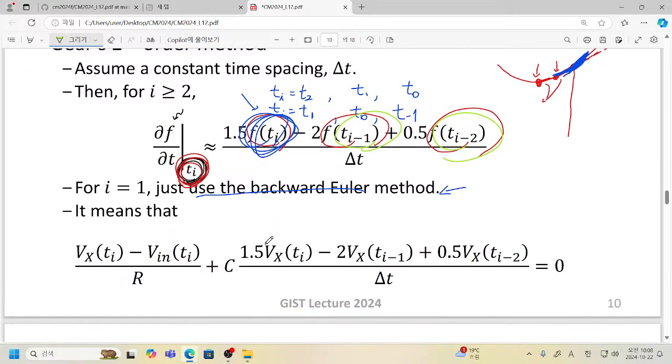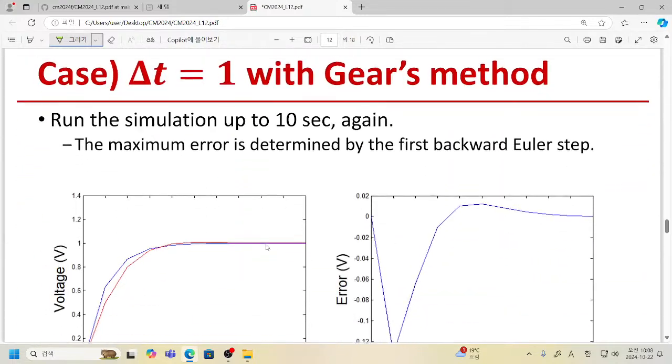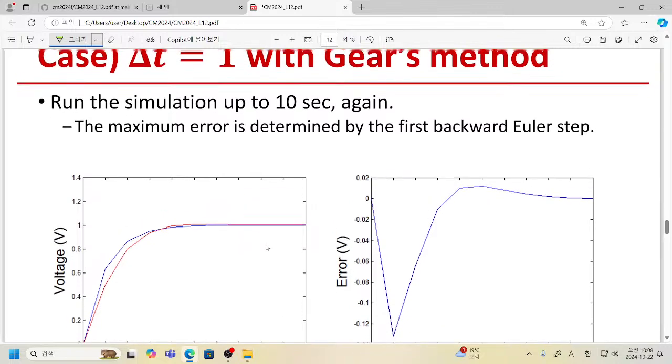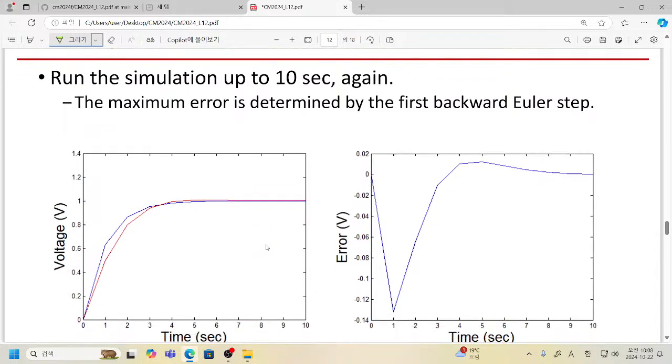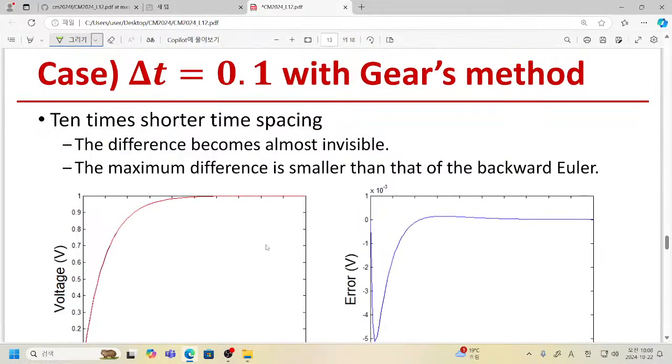Let me just show it. I have no time to evaluate this equation fully, but this will be the discretized form of our RC circuit, and if we apply it here, then even when we have delta t equal to 1, this is the result. And yes, in this case, it's still not very successful, but now let's go to delta t equal to 0.1.